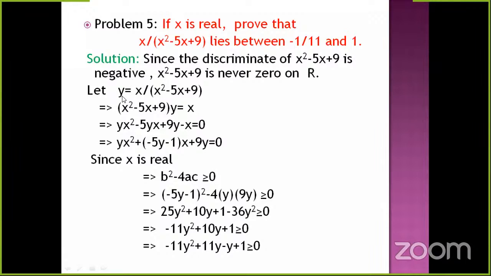Since the range of y is minus 1/11 to 1, the range of x by (x square minus 5x plus 9) is also minus 1/11 to 1. So we have proved that x by (x square minus 5x plus 9) is lying between minus 1/11 and 1.